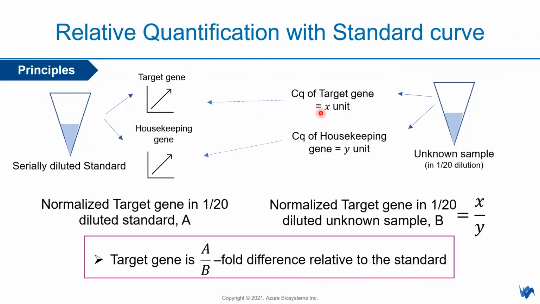Remember, you have the same primer set for your target gene that will amplify in both the standard and your unknown sample. So the qPCR efficiency is accounted for by keeping the primer set constant and standardizing everything: the diluted standard and the diluted unknown sample.